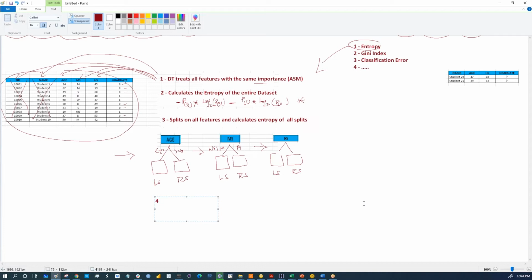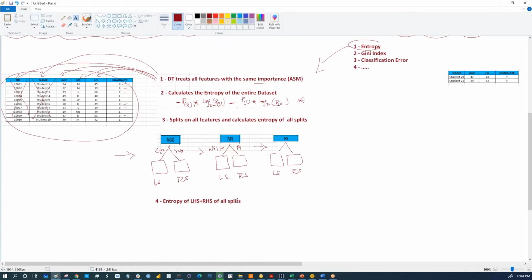Number 4, it is going to calculate the entropy of the left hand side plus the right hand side of all splits. Can anyone explain what this is supposed to mean? What does this mean? Anyone?